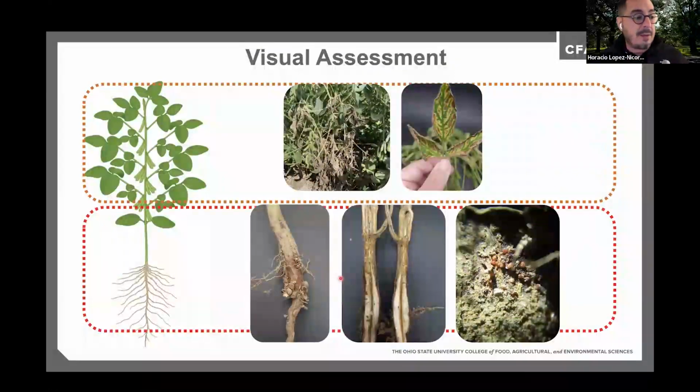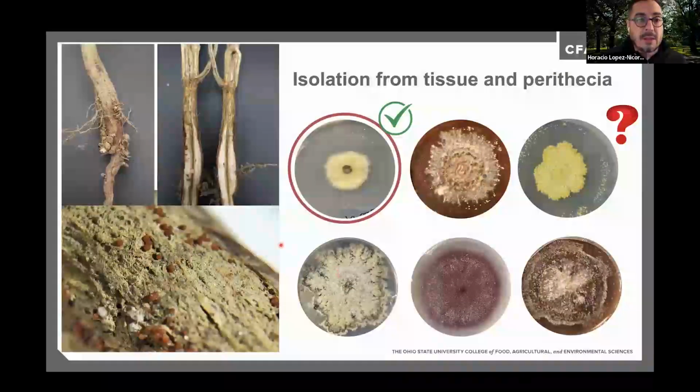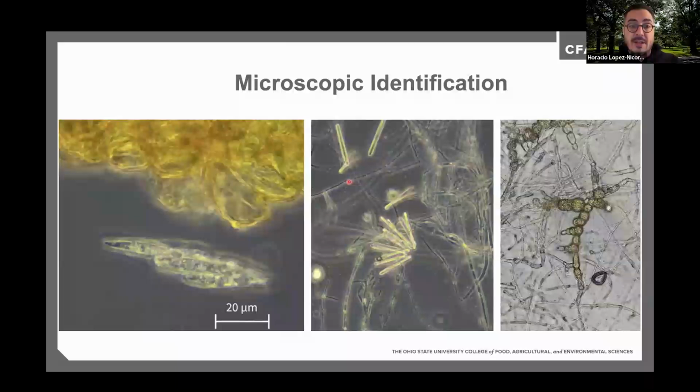When you send this to the lab, we like to do a thorough investigation of what's going on. We like to look at all the parts. We like to pull the actual pathogen from the affected area. This is the actual pathogen that causes red crown rot. But look at all the other organisms that we were able to pull from the same plant. So you need an expert to know that this is the fungus that is causing red crown rot. You need to look under the microscope.